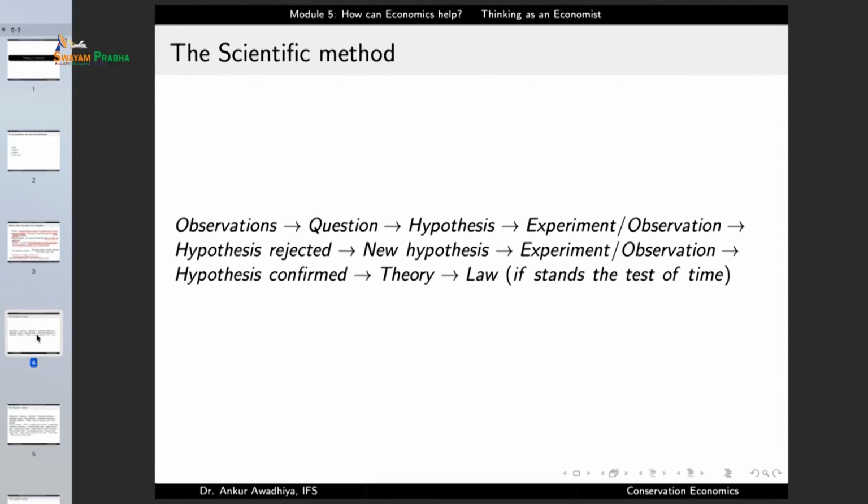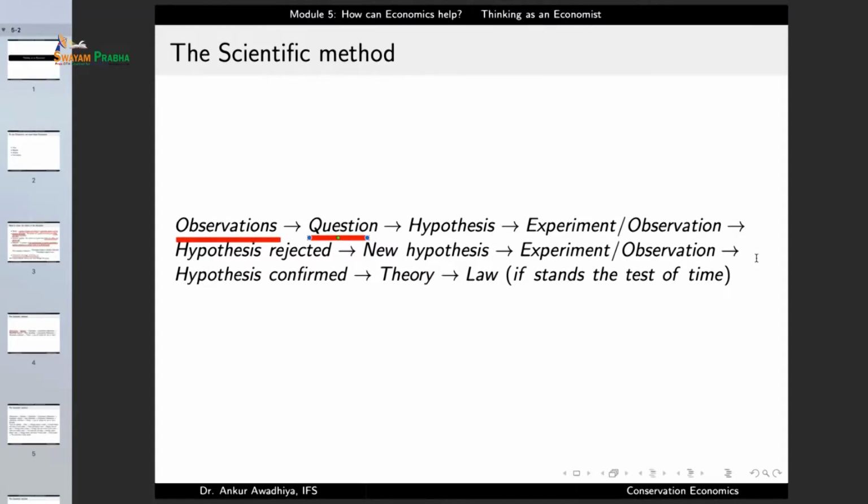Now, scientific method works like this. There is an observation, and any observation can lead to a question. So, for instance, there is an observation that there is a market for tiger body parts. The question is, okay, what are the determinants of this market?